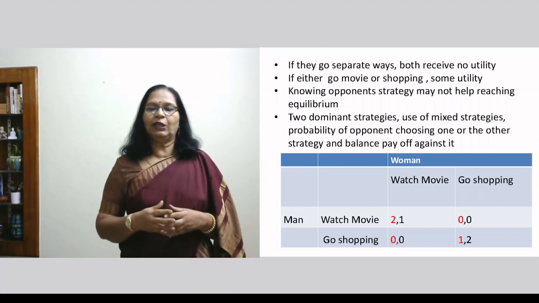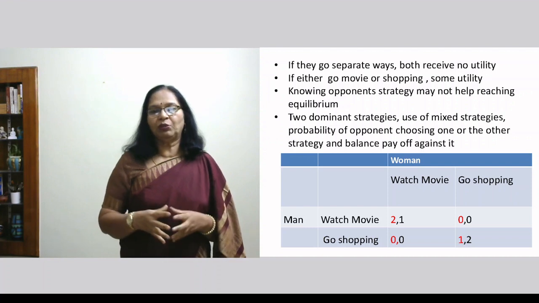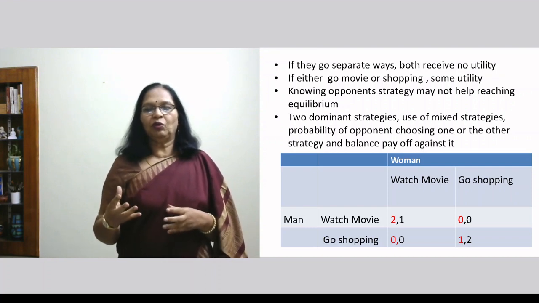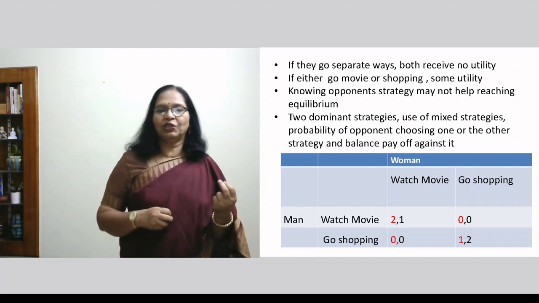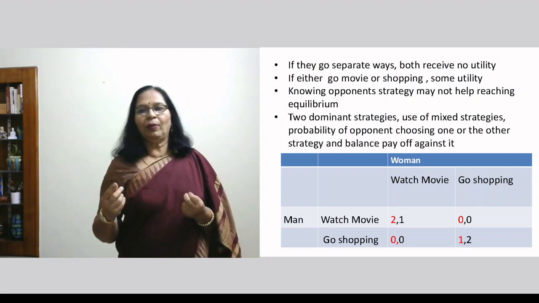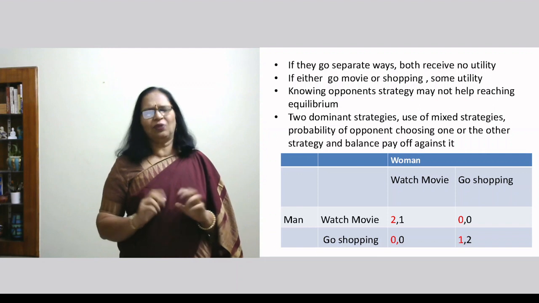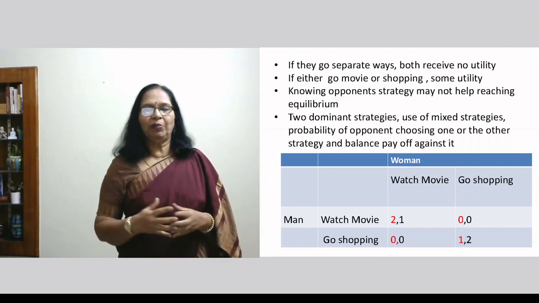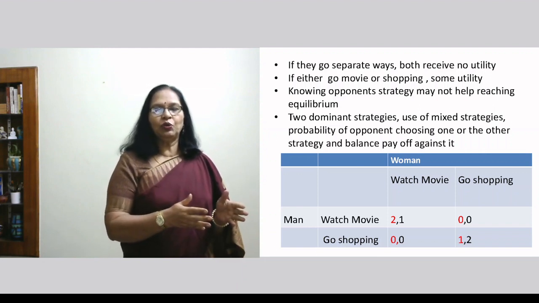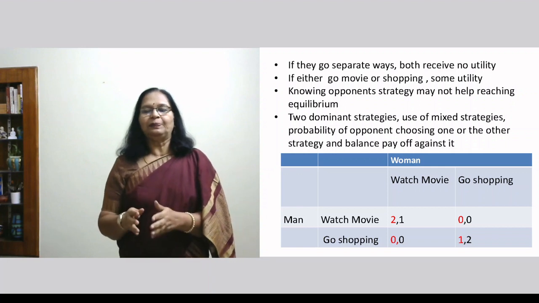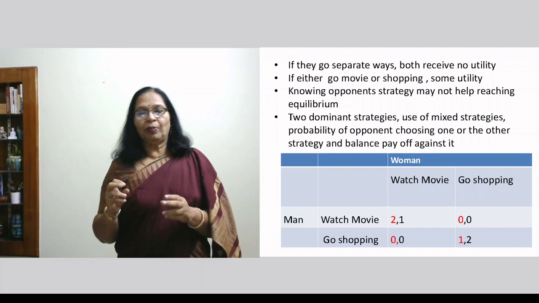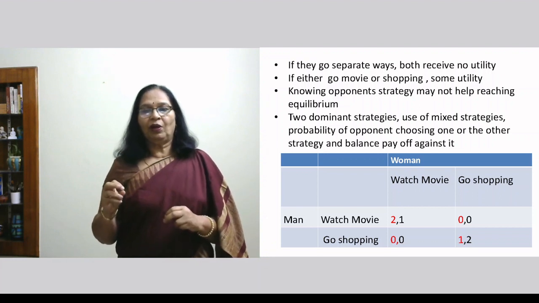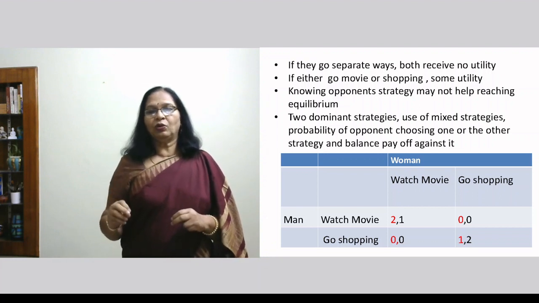Now you can see here, for example, the man watches the movie, and the woman also watches the movie. In which case the man, let us say, gets 2 units of satisfaction, and the woman gets only 1 unit of satisfaction, whatever that number means. But he gets 2 units and the woman gets only one. Now the man watches the movie and the woman goes shopping.